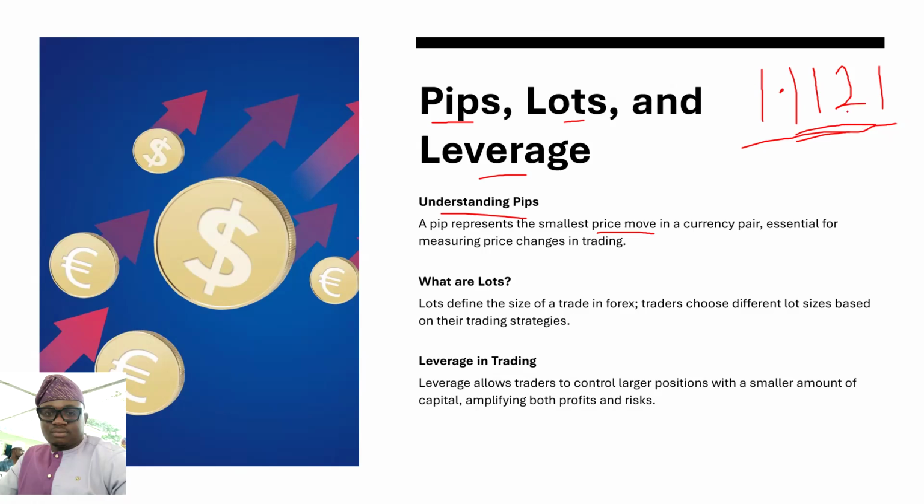So if in the last hour this is the price of euro USD, and in the next hour it is 1.1131, the price movement has changed by 0.0010. So that gives us 10 pips because it has changed by 10 units. And that is pips for us.